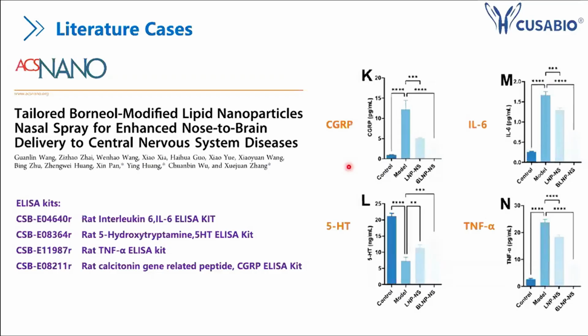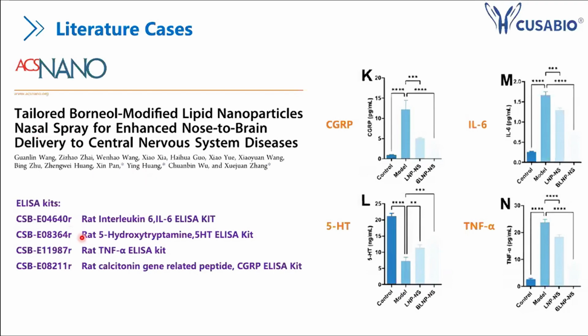The last is some literature cases about how the researchers can use our ELISA kit to do their research. The first one is the publication from the AS Narrow. So this one is about the efficient nose to brain delivery.